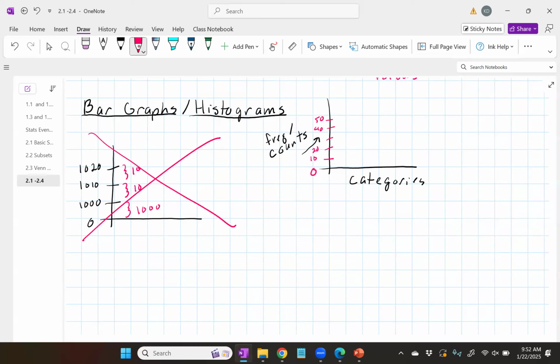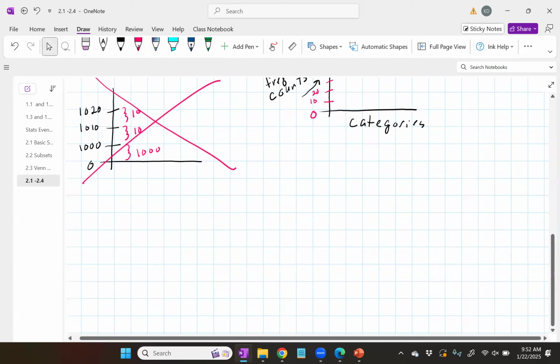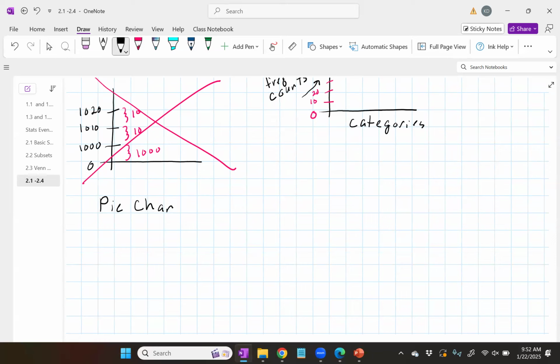So the final thing, excuse me, before we practice, is a pie chart. And this has your data as proportions, or as portions of a pie.